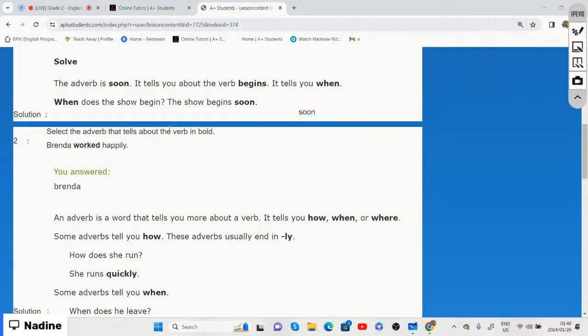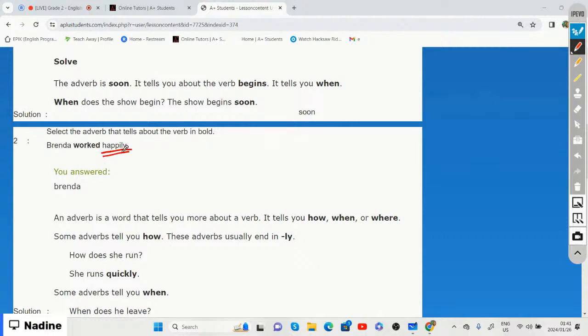So we need to select the adverb that tells you more about the verb in bold. It says Brenda worked happily. If we select the adverb, then our adverb is actually happily. Because remember, we said certain adverbs end in ly. So basically, how did Brenda work?